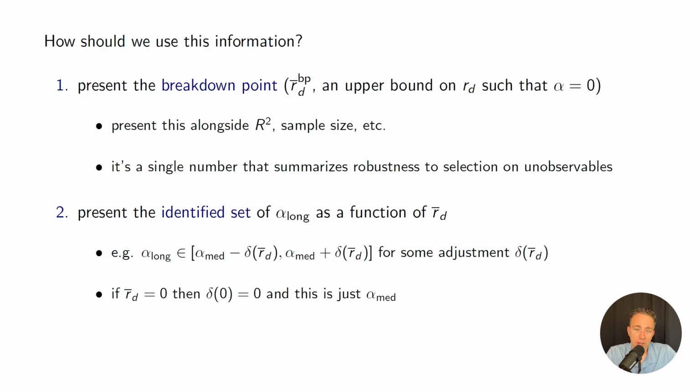Obviously, if R bar d is 0, then we just get the medium regression estimate back. As I said, this set widens as R bar d grows larger, and eventually we could come up with a value of R bar d such that the set would include the entire real number line. One way that we can present this identified set is by graphing it as a function of R bar d, but there are, of course, other ways to present that as well.